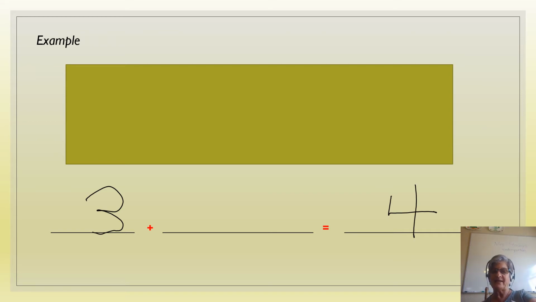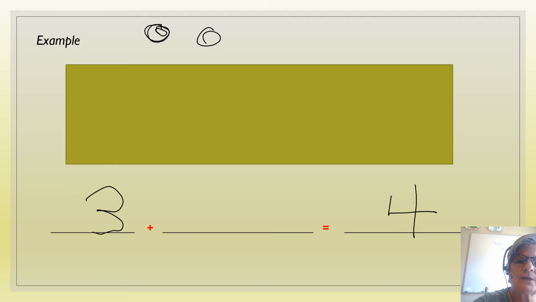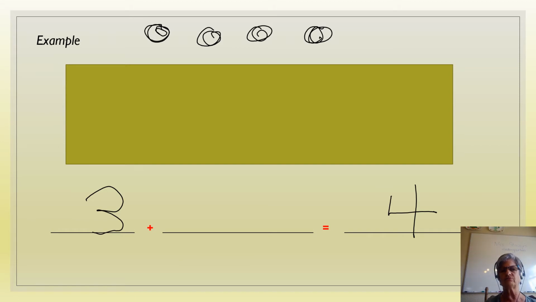Now 4 is my last number, right? So I'm going to draw 4 circles above the rectangular rug. 1, 2, 3, 4. I have drawn 4 above the rug. Now, I know I already have 3. I have 3 fingers. I want to find out how many more makes 4.